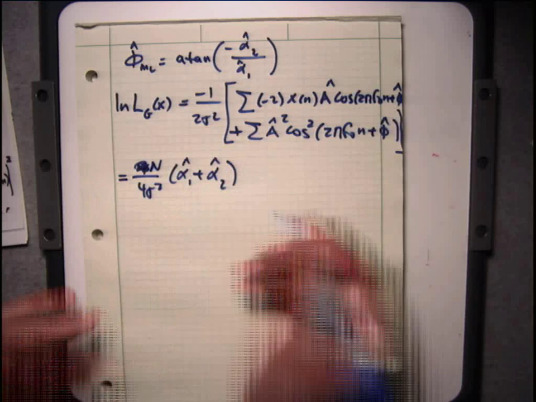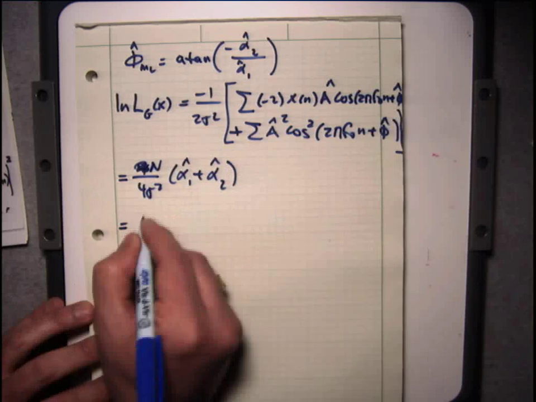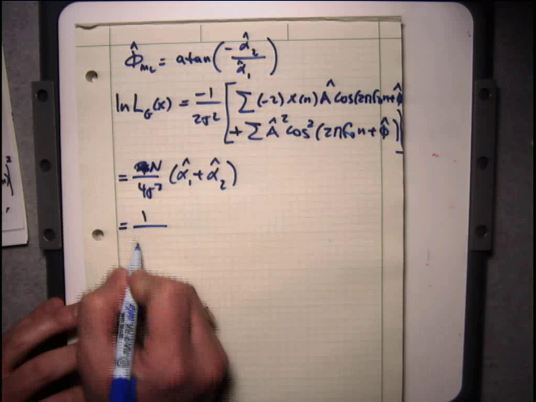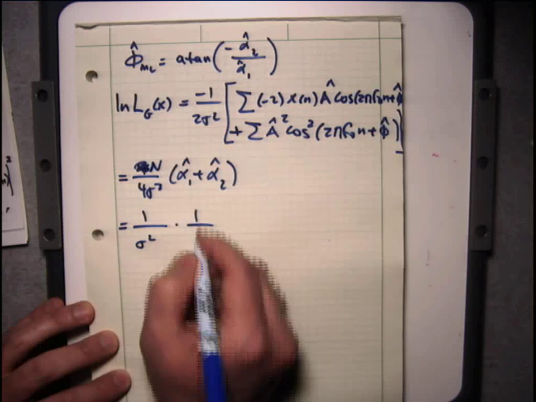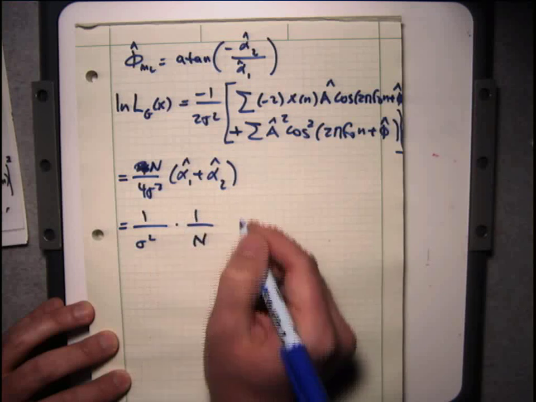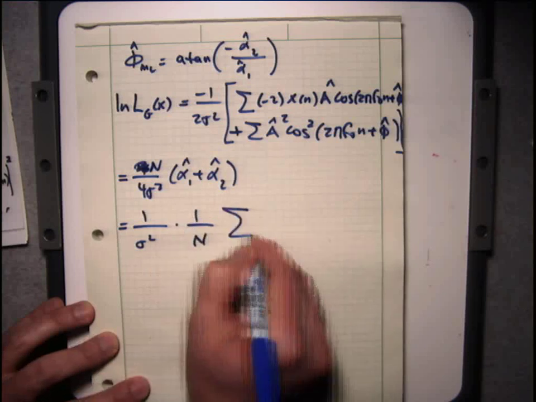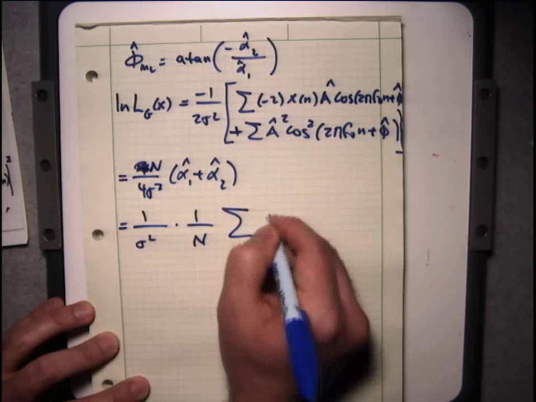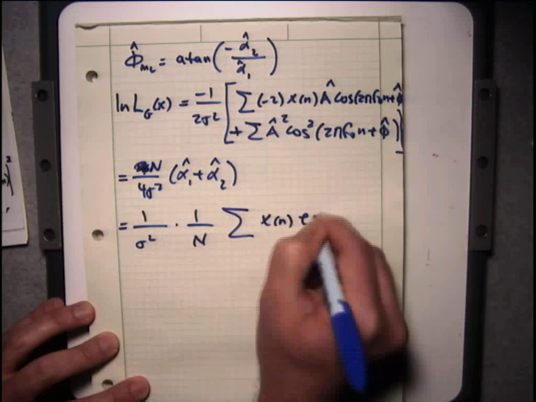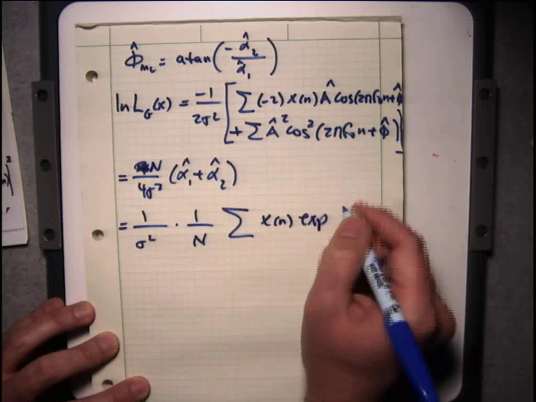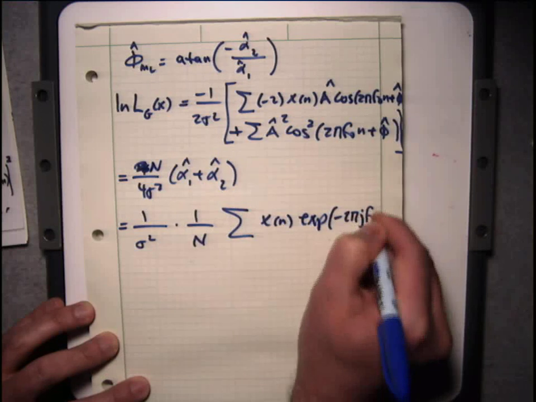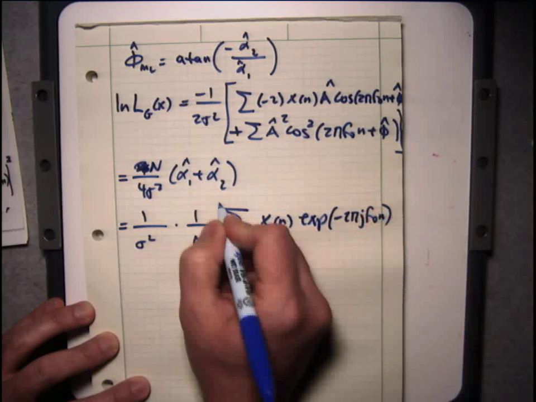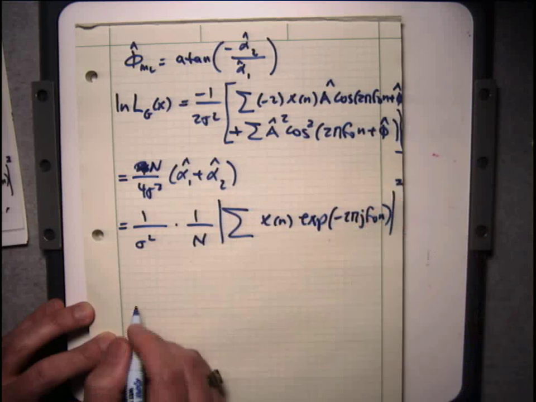Which, again, I can rewrite in terms of the Fourier transform. It's 1 over sigma squared times 1 over n times the sum of x of n exponential of minus 2 pi j f0 n, and this whole thing squared.